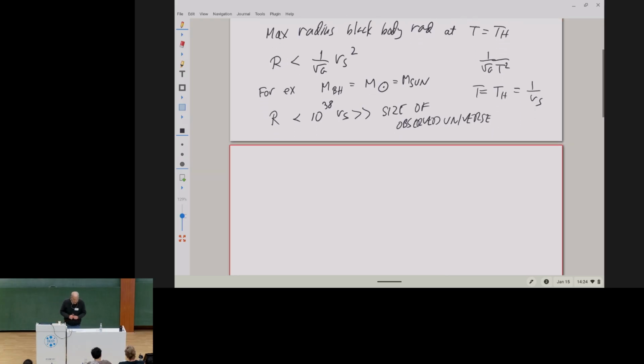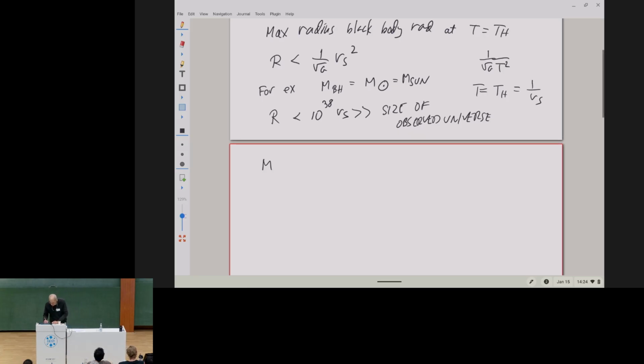There's a similar story for the other instability involving the black hole. So the mass of the black hole was of order 1 over G, and then its temperature was of order 1 over Rs.